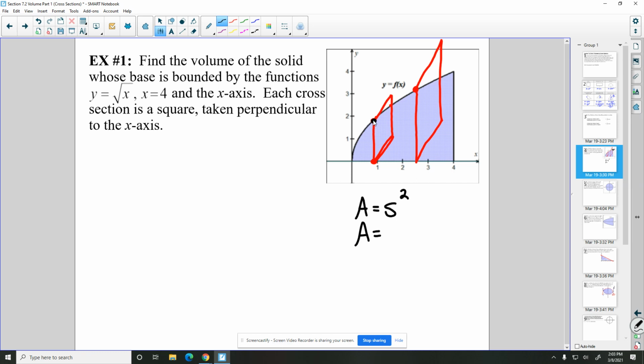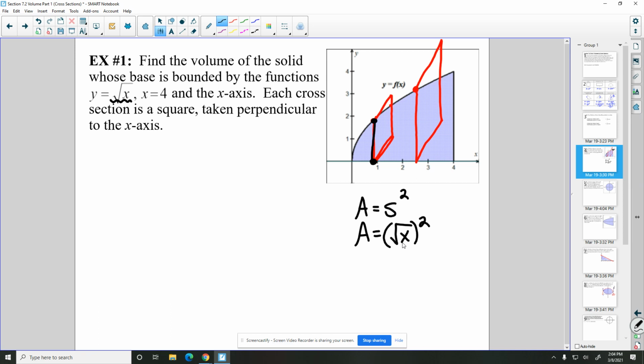If you look right here, one of the sides, this first little cut that we made, that distance is from the x-axis up to the curve. That would be the same as the y value of the curve, okay? The y value of the point on the curve. And remember, y values are determined by plugging an x into the equation for that curve. So the y value is equal to one side measurement, and the y value is equal to radical x in this problem.